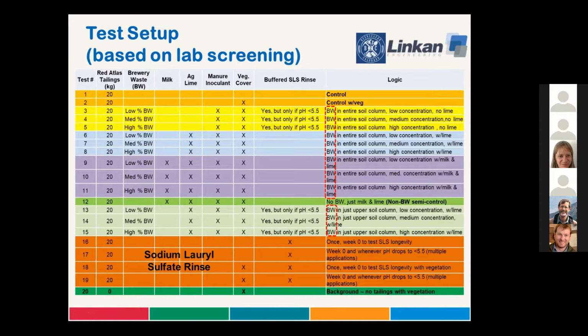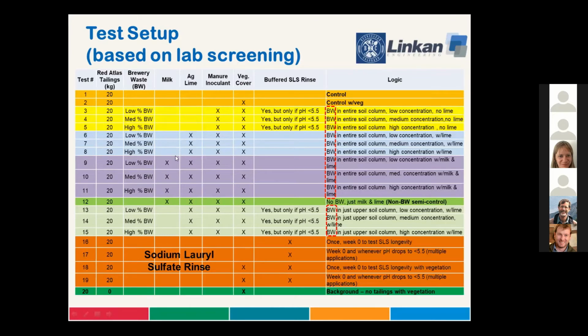But most of these test cells, most but not all, had a vegetative cover that was provided by a native seed mix planted in a biotic soil medium. So you can see across the top, we've got 20 kilograms of red tailings, various amounts from low to high, and brewery waste among these different sets.